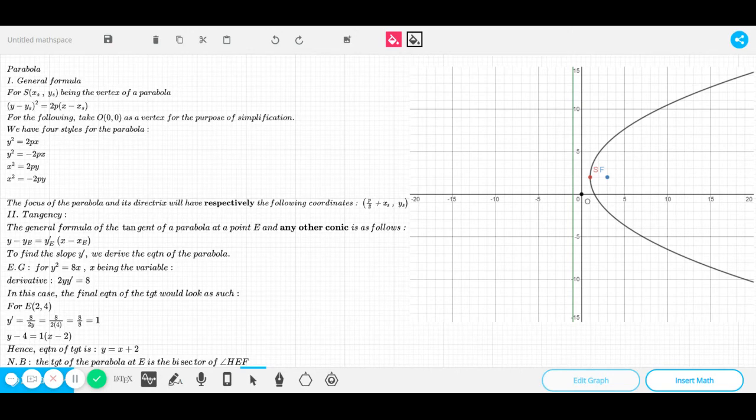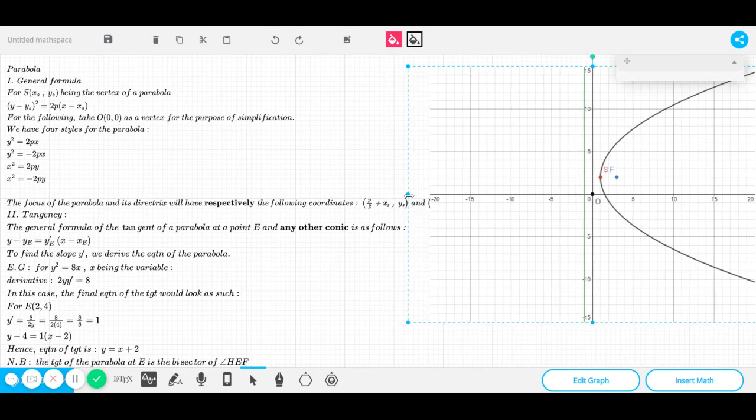For the directrix, we remember from our introductory video that the directrix is symmetric to the focus with respect to the vertex, which means that in the case of this graph, the directrix would have the following coordinates: minus p over 2 plus x of s and y of s.